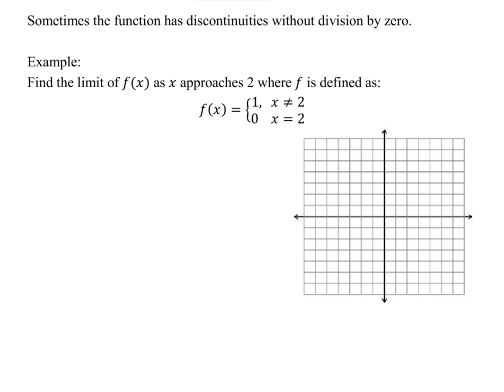All right, sometimes a function obviously has discontinuities without division by 0. And the best example of that would be a piecewise function. It's not so bad. All this says right here is this piece is alive when x is not equal to 2. This piece is alive when x is equal to 2. Okay? So my function f of x does this. X not equal to 2, the function is at 1.